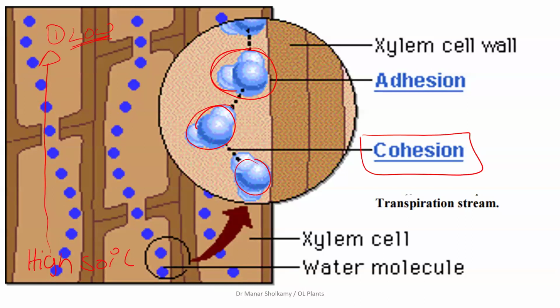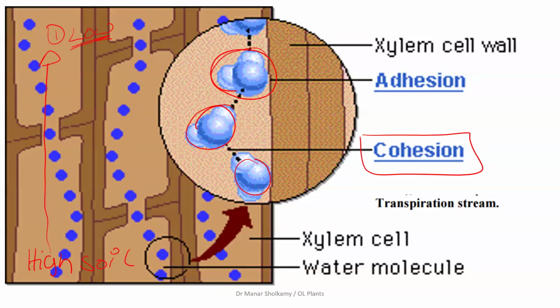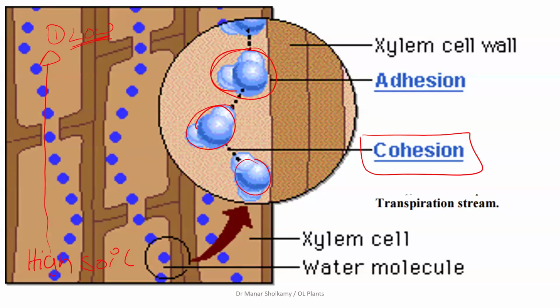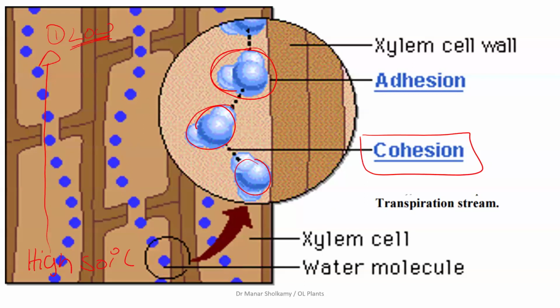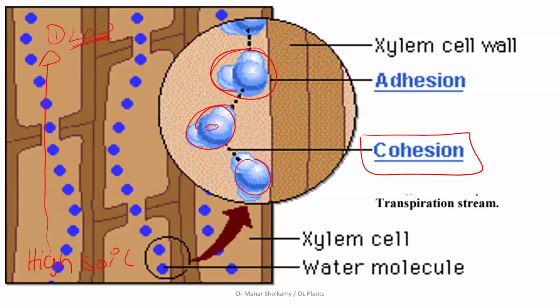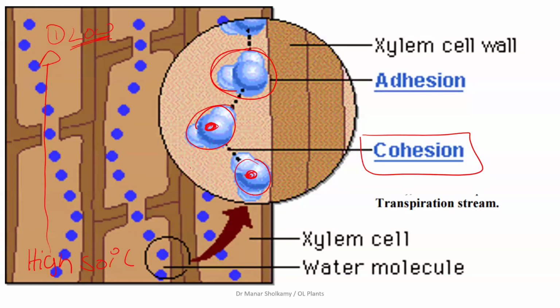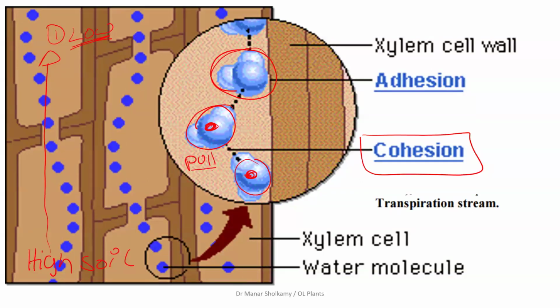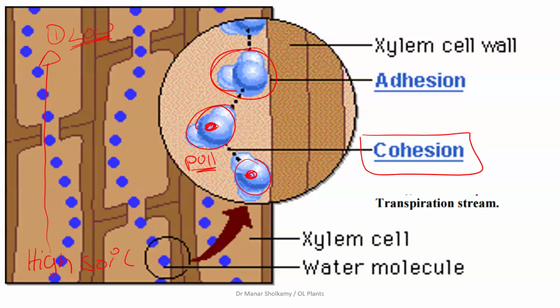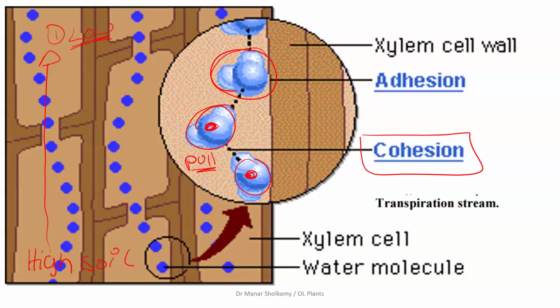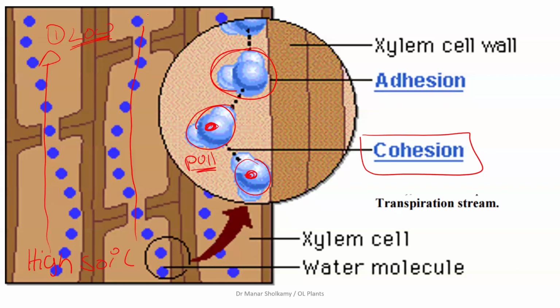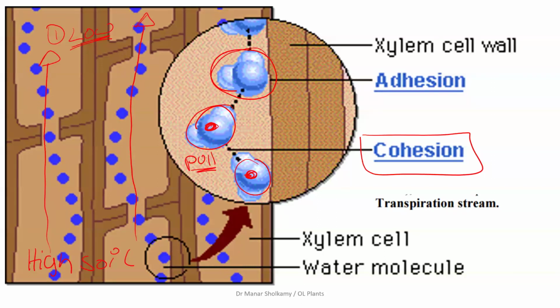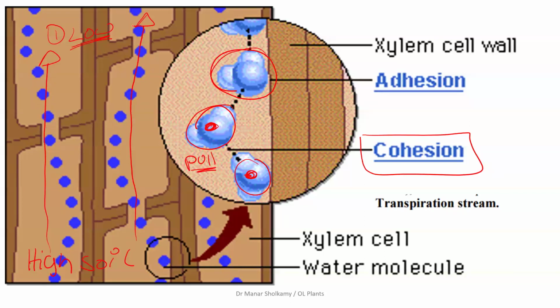If you take physics, you will know that cohesion, these are the forces of attraction between similar molecules. Water pulls the water below it. So every water molecule will pull the water molecule below it. And again, this helps the movement of the water up the xylem to create the transpiration stream. And this is the second reason.